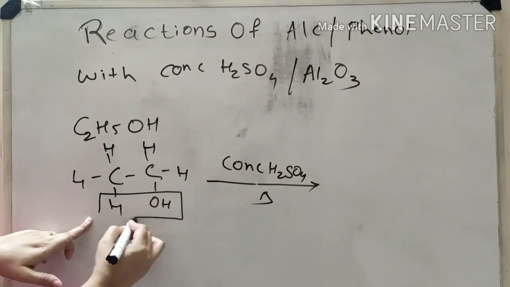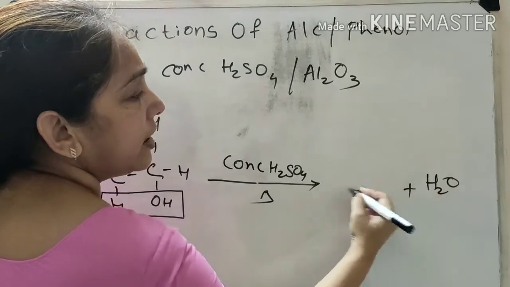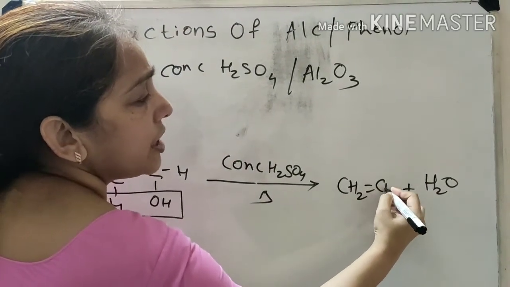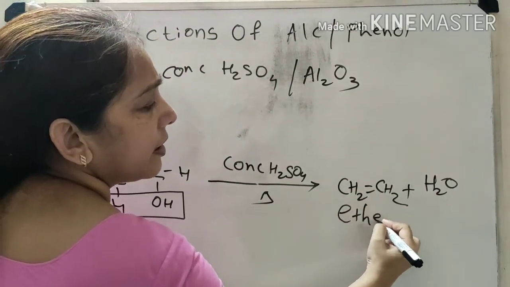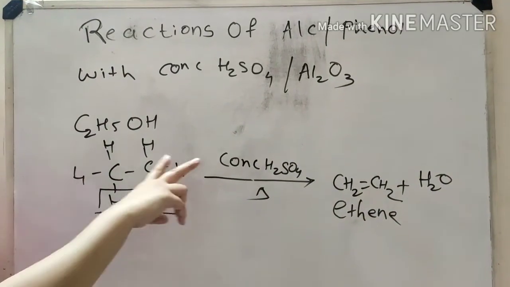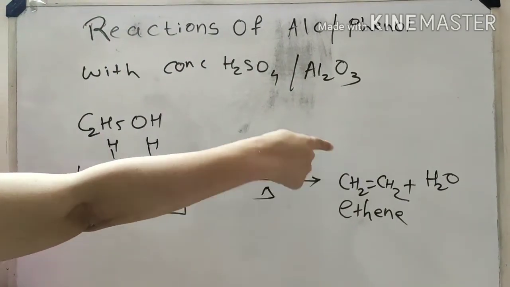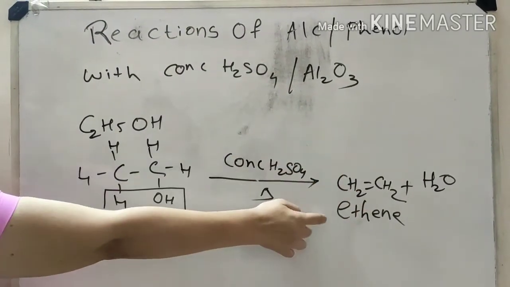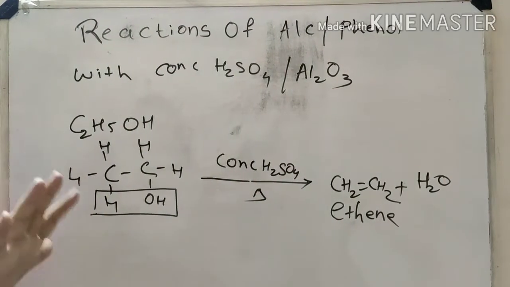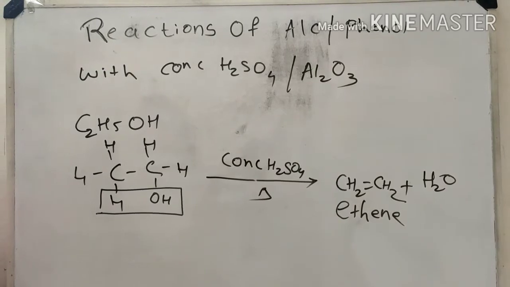This H and OH leave as a water molecule, the byproduct, and we are getting CH2 double bond CH2. It is nothing but ethene. So with concentrated H2SO4 or alumina, we are getting water as the byproduct, and the main product is the alkene.